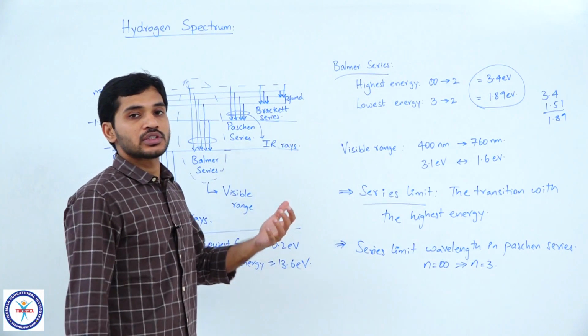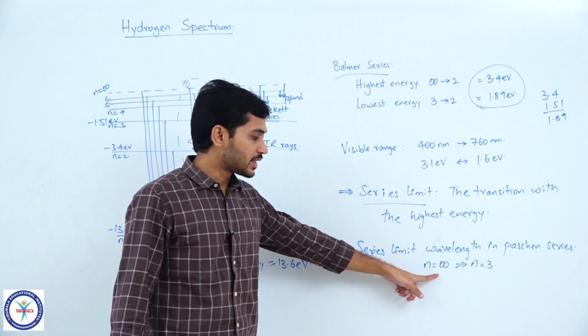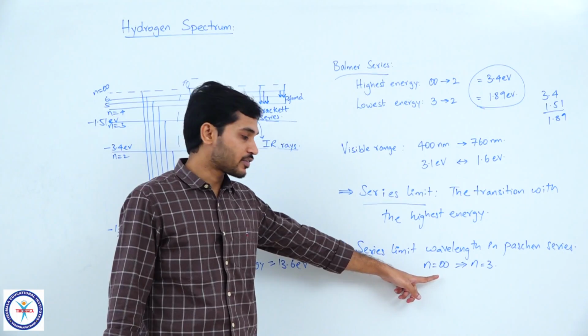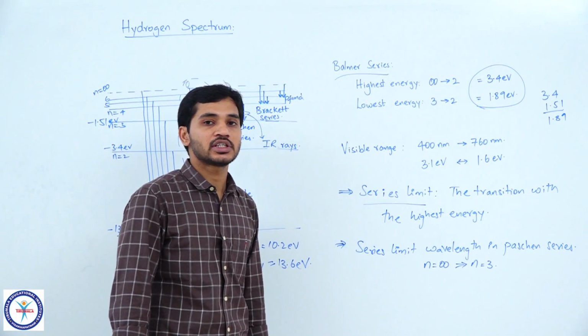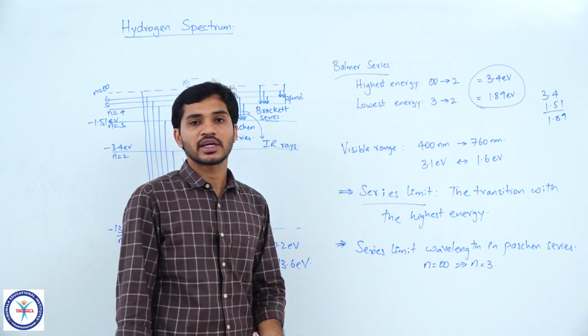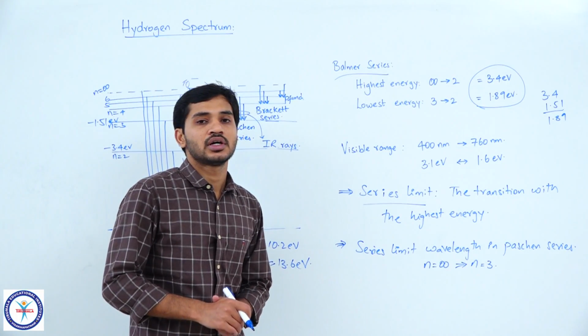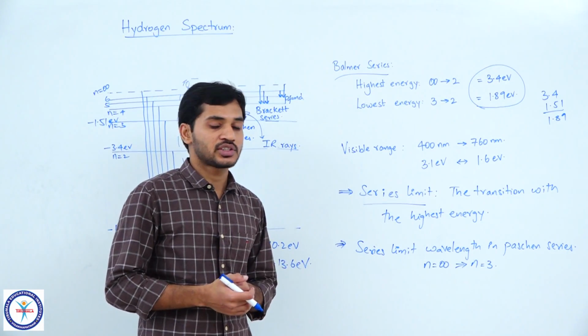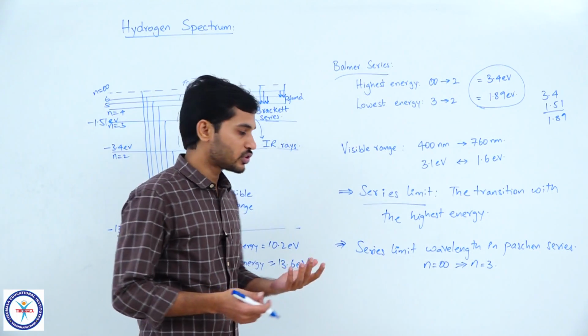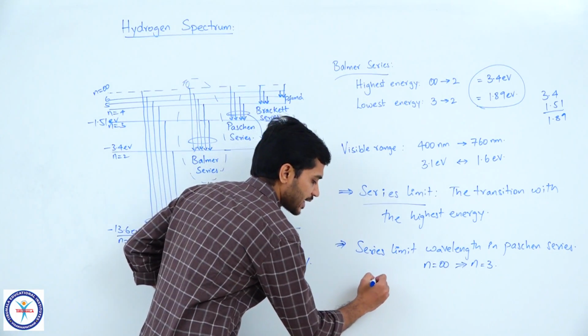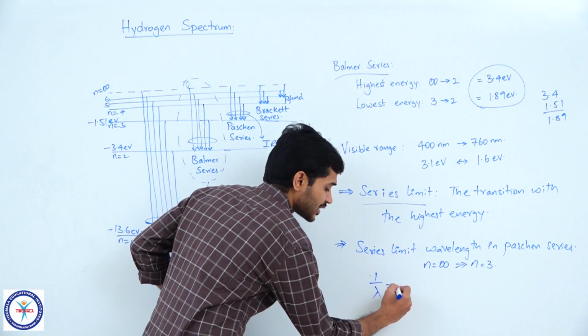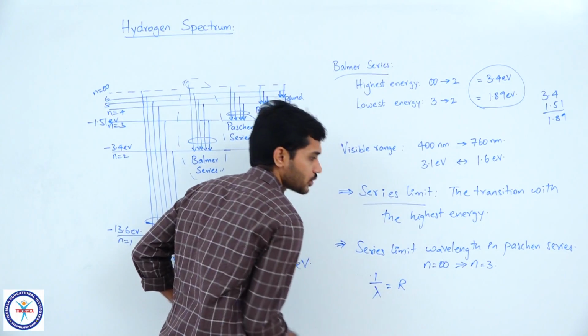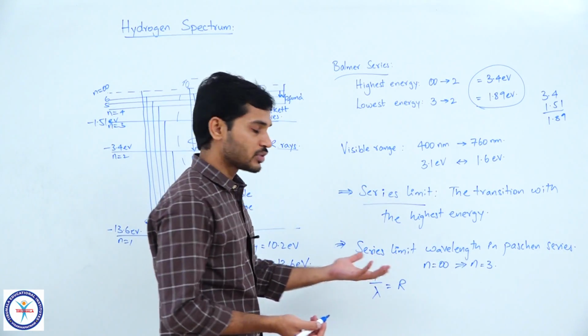We need to find the wavelength of the photon released from this transition, n is equal to infinity to n is equal to 3, and we already have a formula for finding the wavelength during these transitions, the Rydberg formula which we derived earlier. So we can directly write 1 by lambda is equal to R into, let us consider the hydrogen atom itself.